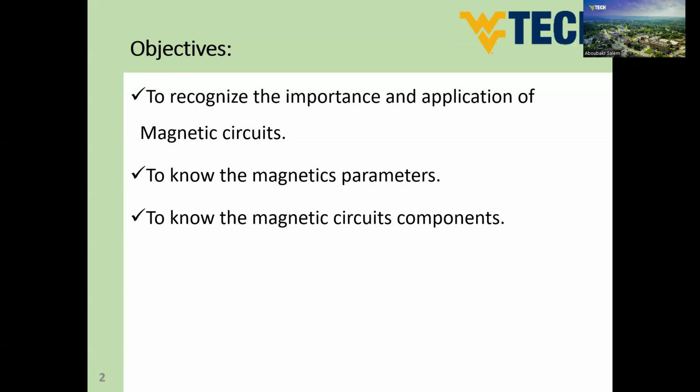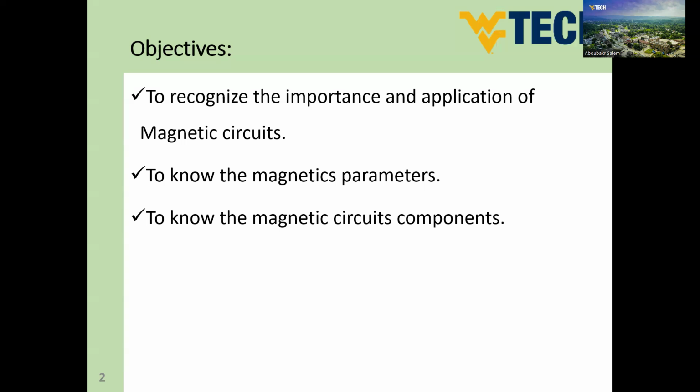So this is electrical circuit. Do we have something similar in magnetics? So we will discuss more about the magnetic circuit and also what's called the analogy between magnetic circuit and electrical circuit. So these are the objectives of our topic in electromagnetic devices.